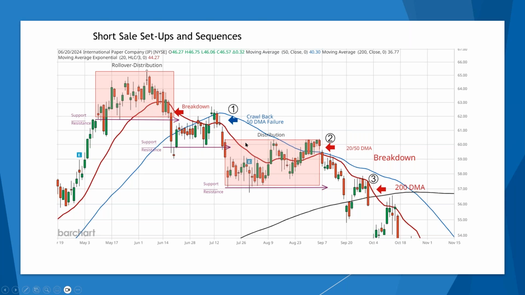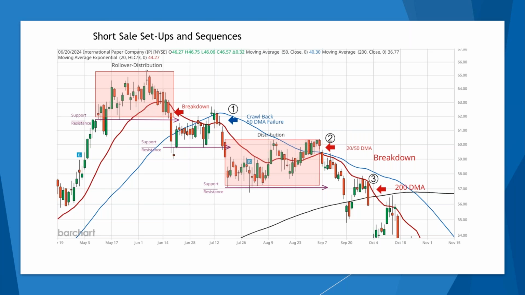And again, here we see, if we miss the opportunity here, we see another breakdown below a level of support, and then that crawl back where we come back and test not only the old support, which becomes new resistance, but a failure to recapture that 50-day moving average.